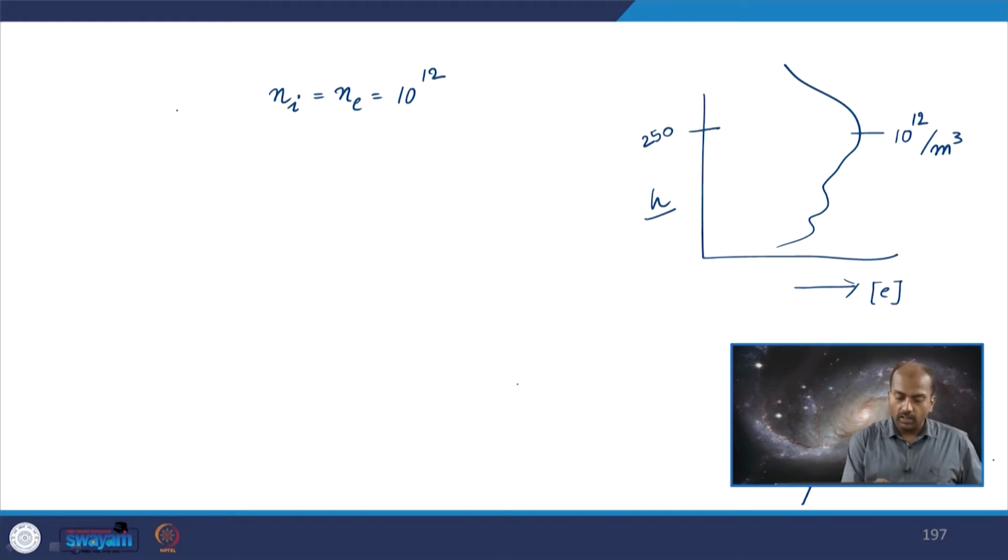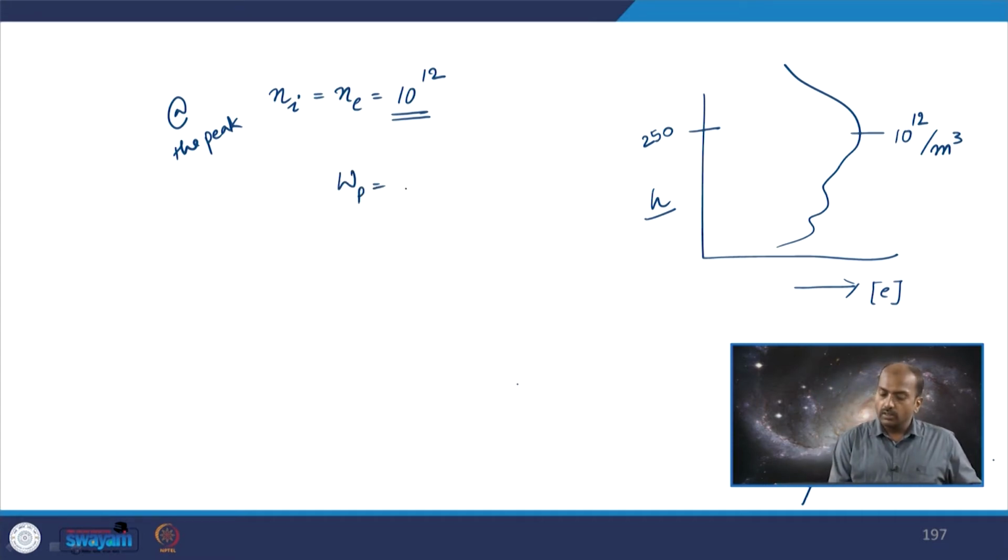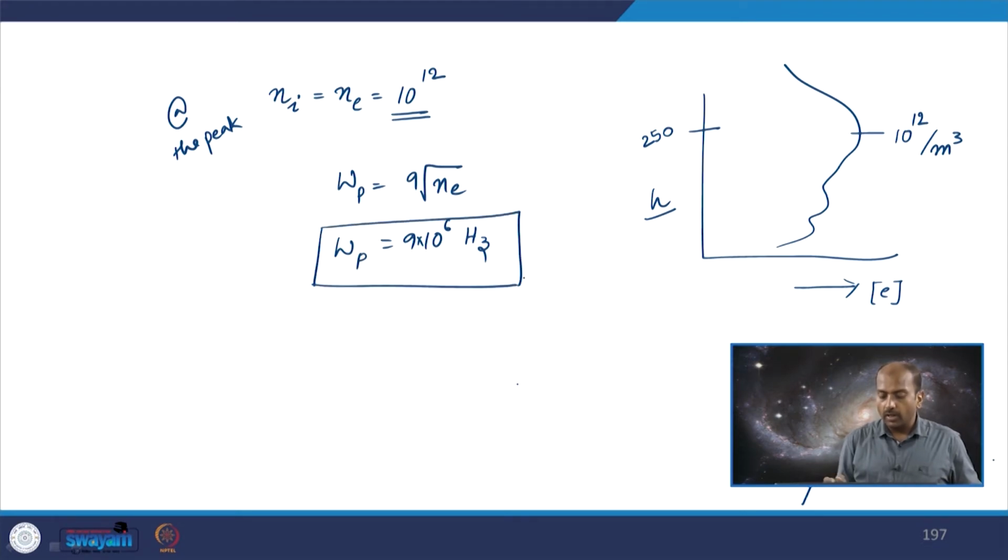So at the peak, the peak ionospheric density, always remember this number, 10 to the power of 12 per meter cube. If you calculate the plasma frequency, omega p is 9 times square root of Ne, which is 9 times 10 to the power of 6 hertz. So plasma frequency is a very large frequency for this peak ionospheric density.